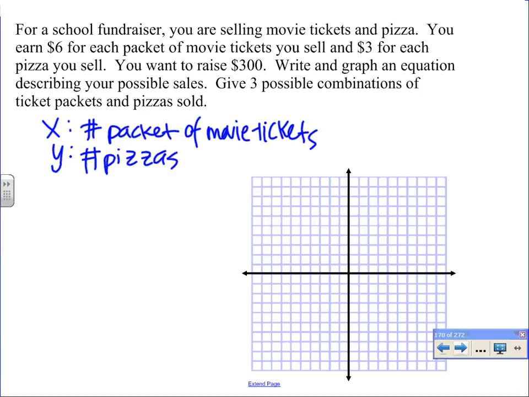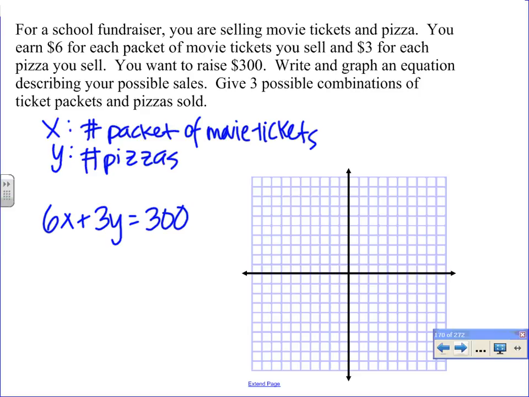So they give me a bunch of information. How can I make that into an equation? Right? 300 equals 6x plus 3y. 6x plus 3y equals 300. So I want to make $300. That's my total. I know that's going to be the equals 300 part. It's $6 for each packet, so 6 times x plus $3 for each pizza, so plus 3y.